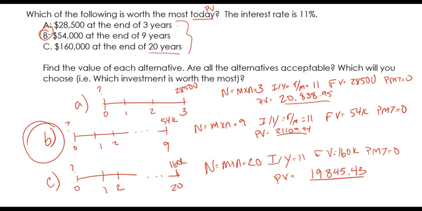Now, another way to make that same comparison, we could have simply taken option A and option B and found the future value of them at year 20. So we would have fast forwarded this 28,500 by 17 years and this one by 11, and then we would have been able to compare them all at the 20-year mark. We would have gotten the same result, the same ranking. Which one's worth the most money? It's always going to be option B.